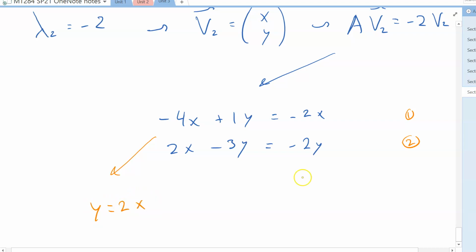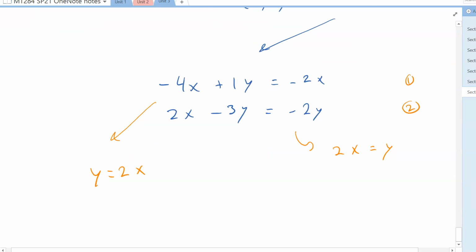Likewise, with the second equation, if we add 3y to both sides, we get 2x on the left and y on the right. Once again, we get this exact same equation in each case. That doesn't happen all the time, as we'll see in our next example, but it does for this particular example.